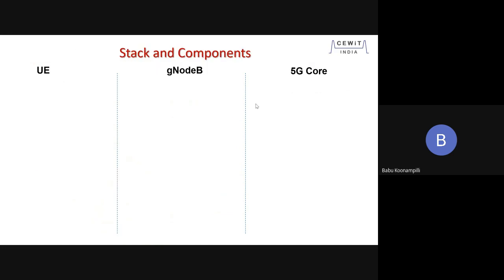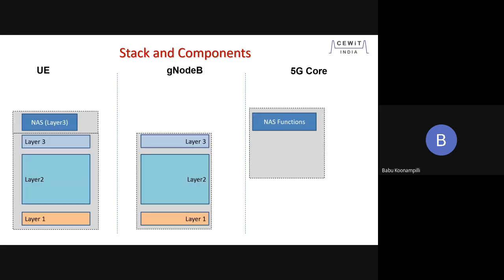Now coming to the various stacks and components in these three things, we can look at it from an OSI layer point of view. You know that the major ones are layer 1, layer 2, and layer 3. They all happen to be defined, and they all work at a peer-to-peer level.